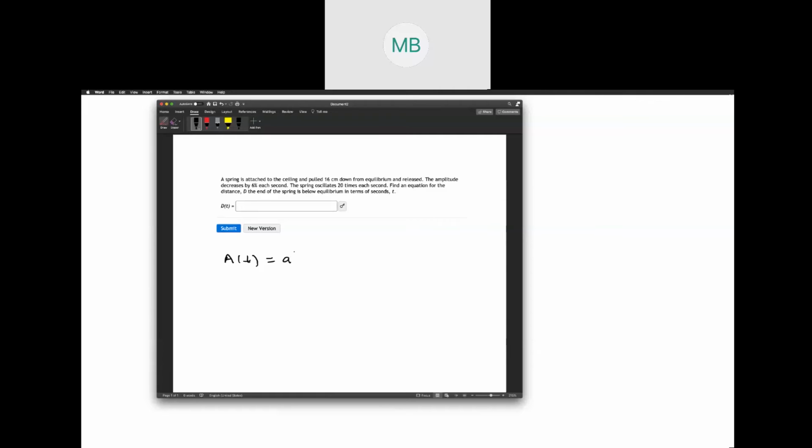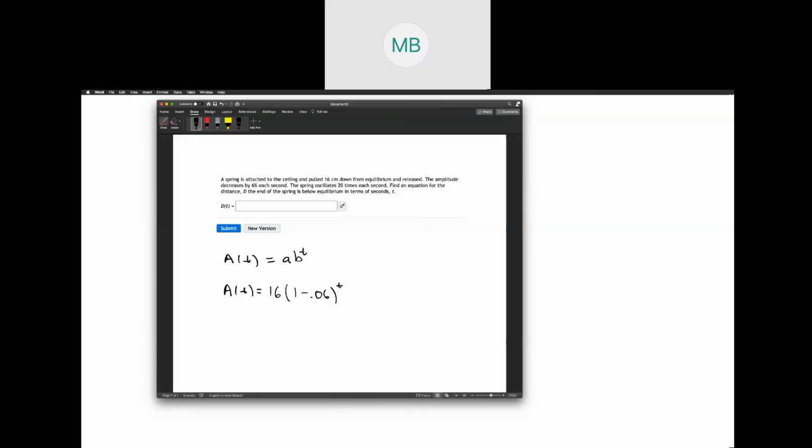And we know that the amplitude is going to be an exponential function because it's decreasing percentage-wise, 6% each second. So the initial value, little a, is going to be 16, and b, the base, since we're decreasing by 6% each second, will be 1 minus 0.06 to the t.